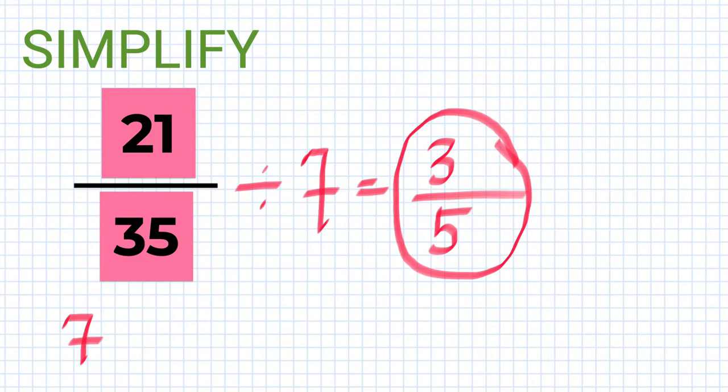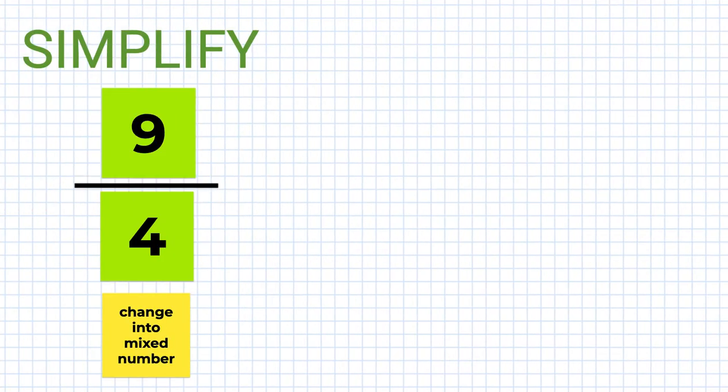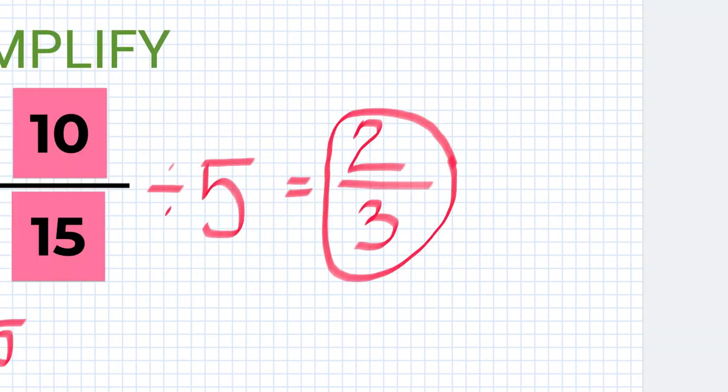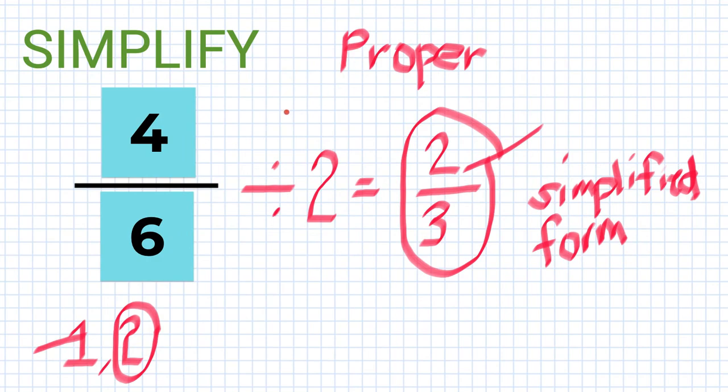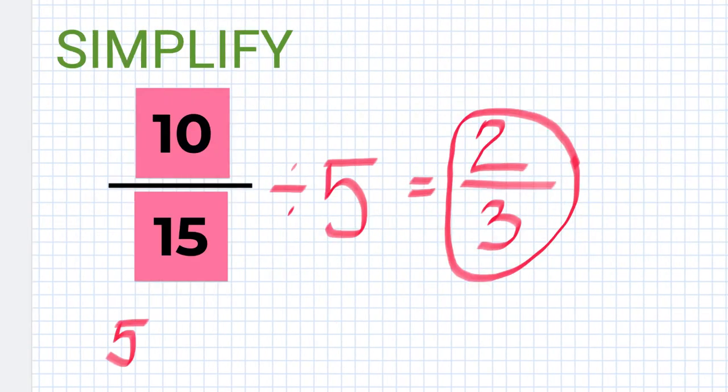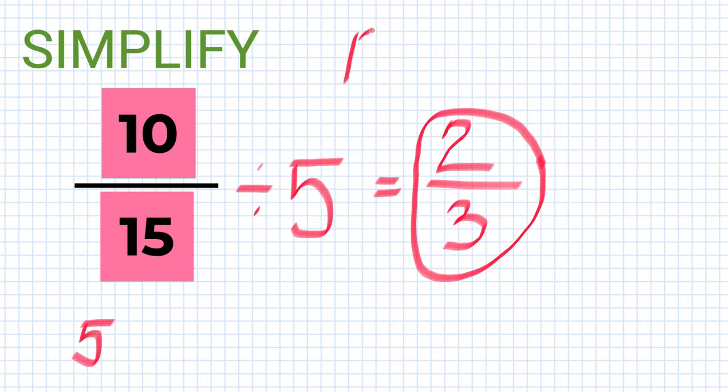Now, how about this one? Take a look at the last examples that I gave here. Let's check again. This is proper. This is also proper. Why? Because 10 is less than 15.